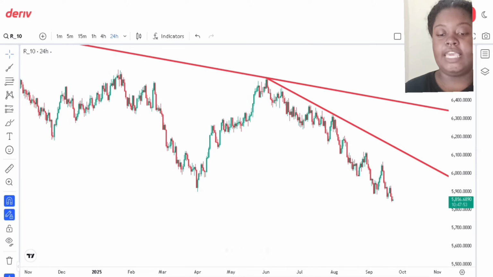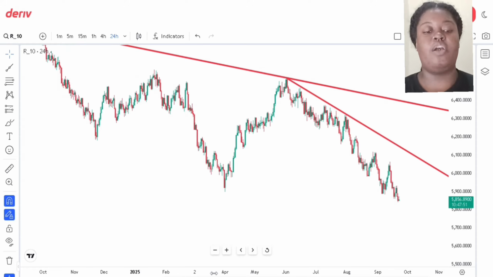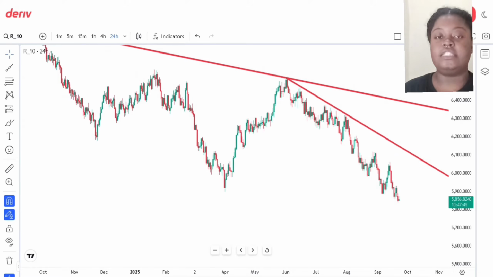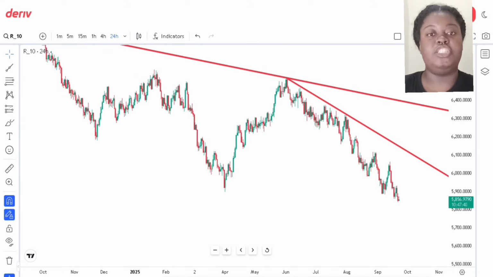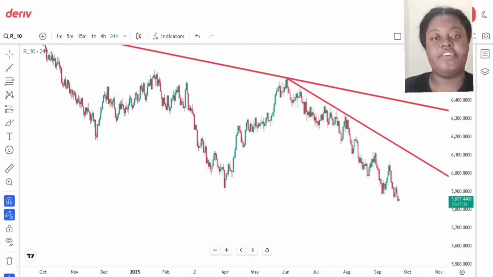Now we should identify our key levels. Key levels are areas in the market, zones, psychological levels that price uses to bounce off of, potentially returning to those areas as well.